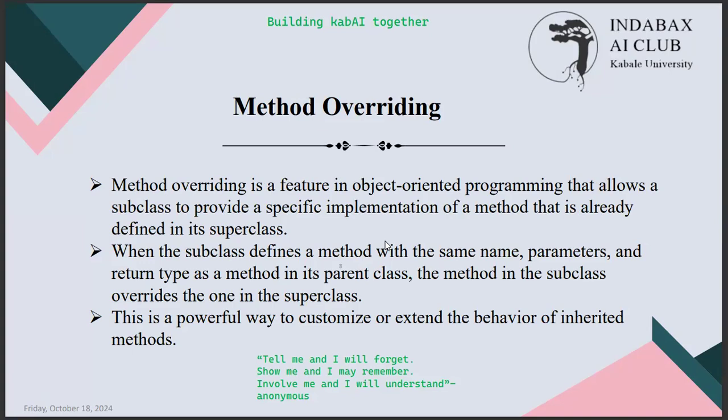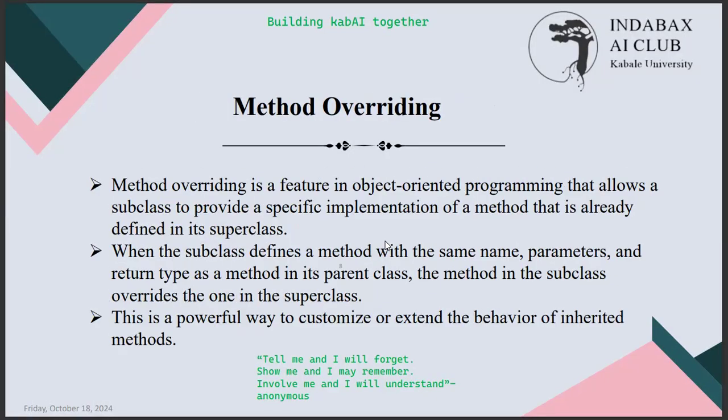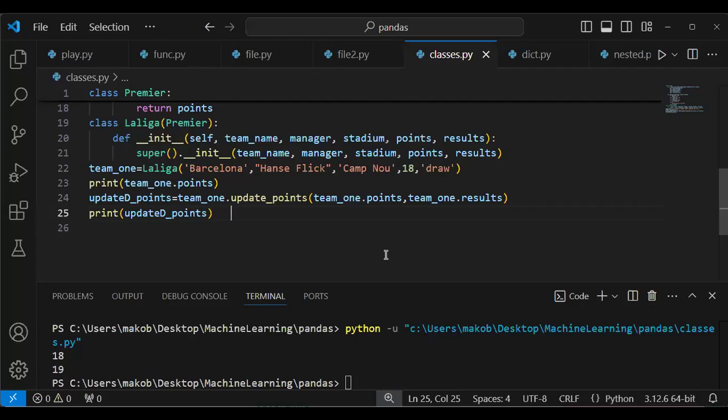This is a powerful way to customize or extend the behavior of inherited methods. So let's see how method overriding works, using the child class, where we modify the methods that are defined in the superclass.